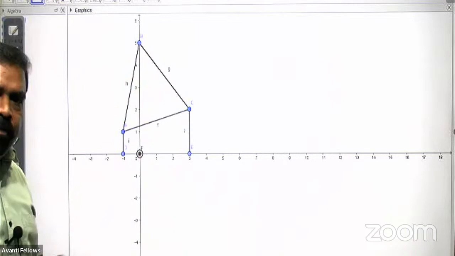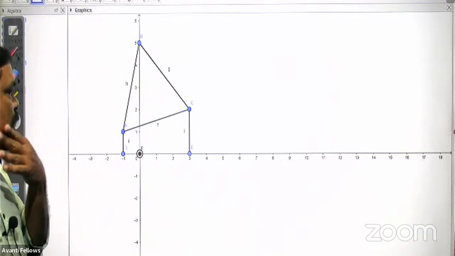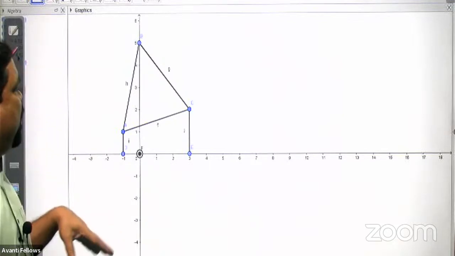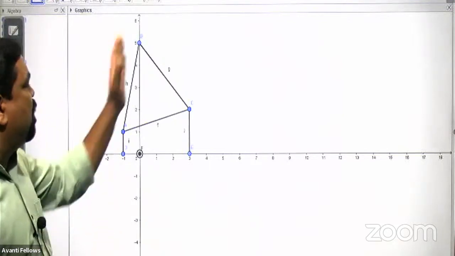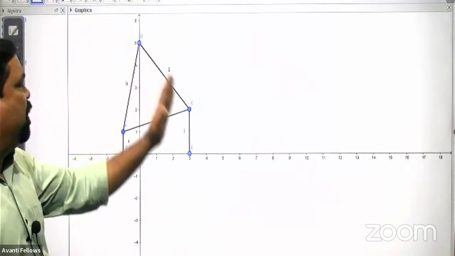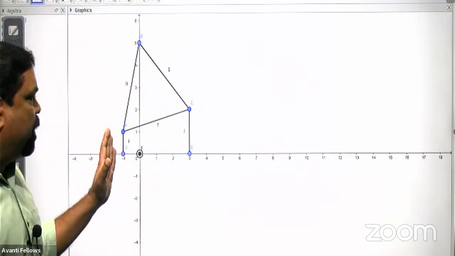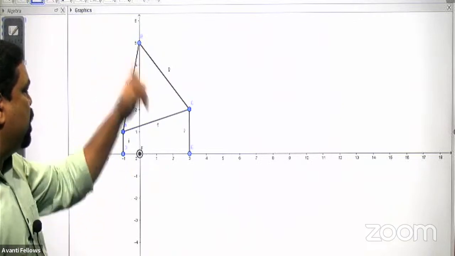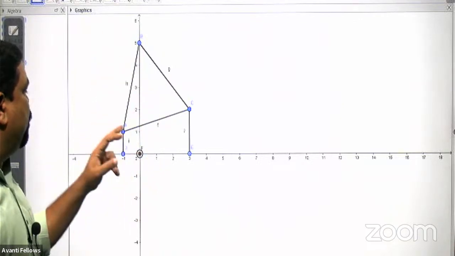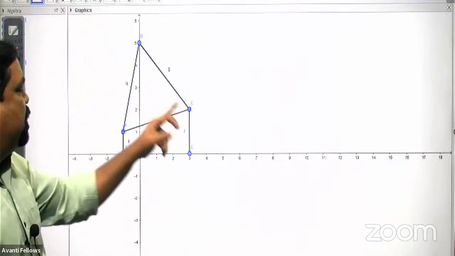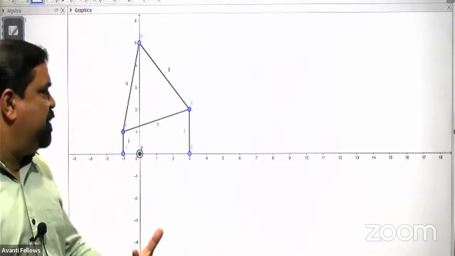How to get this triangle area: first we find the area of the whole trapezium. The whole figure, if you take it, is a trapezium, and you can put some names also. In my figure here, D, A, B, C, E is a trapezium.